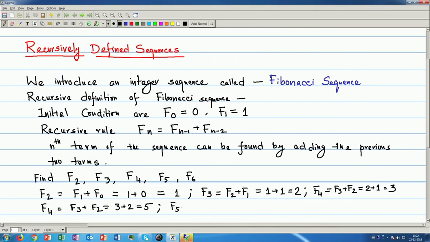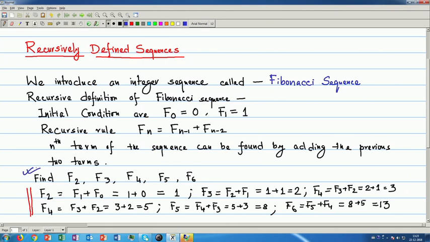Then f 6 is f 5 plus f 4, that is 5 plus 3 is 8. If I continue in this way, we will get the values of the different terms of the sequence.